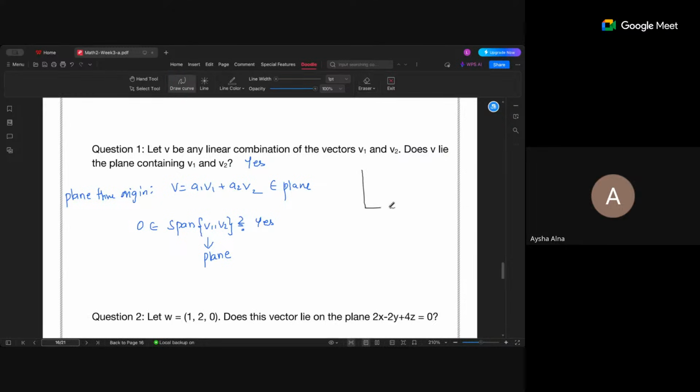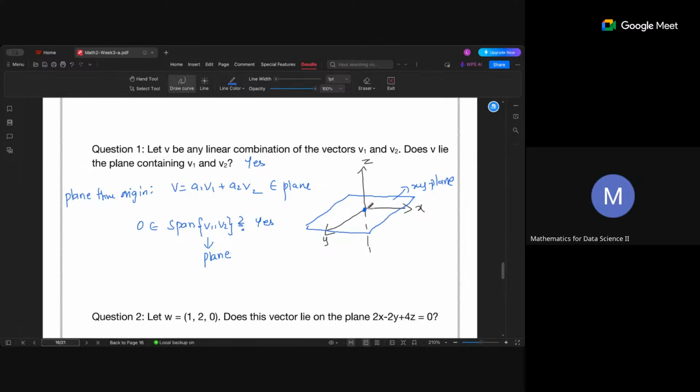Suppose you have some 3D structure like this. Let me say this is your x, y, and this is your z axis. As a very simple scenario, I am going to take the xy plane itself. Does it contain the origin or not?